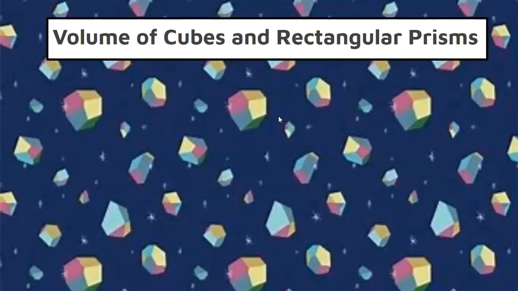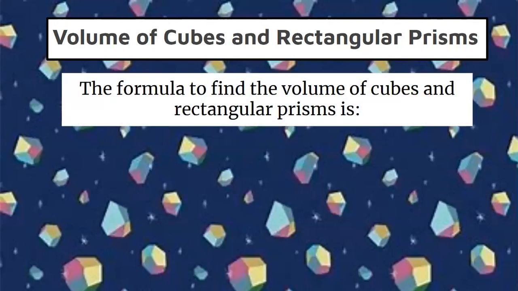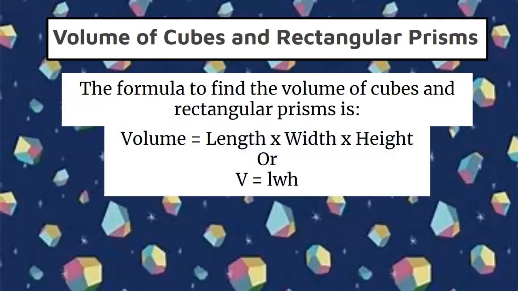Now we got volume of cubes and rectangular prisms. The formula to find the volume of cubes and rectangular prisms is volume equals length times width times height.